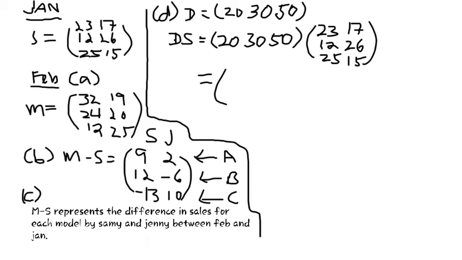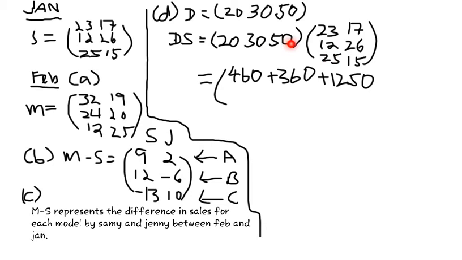That is 460, plus 30 times 12, which is 360, plus 50 times 25, which is 1250. That's for the first row. That comes from matching this row to this column.